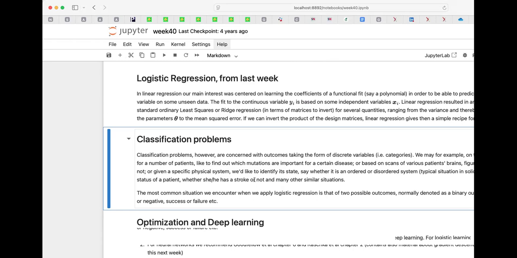So there is an analytical expression, but we have to solve it numerically. We did actually solve it numerically by matrix inversion. So in a certain sense, we do have analytical expressions, but in this case you have to solve them numerically by some gradient descent. In the case of ordinary least squares and ridge regression, we had a nice expression where we could just obtain the parameters by matrix inversion.